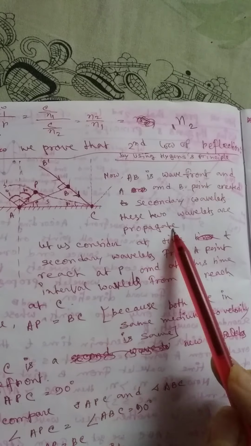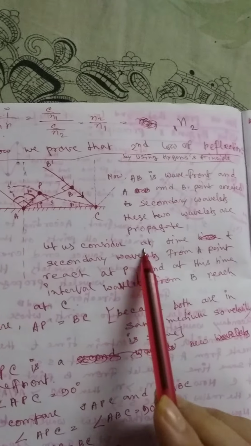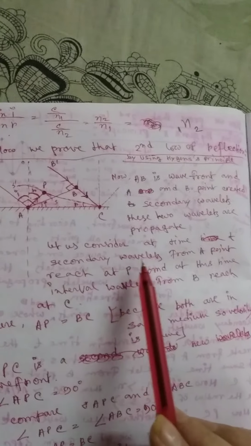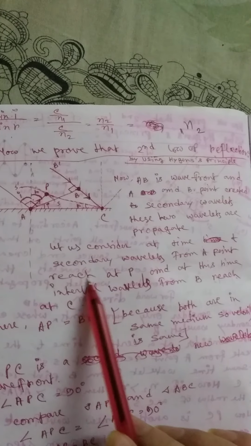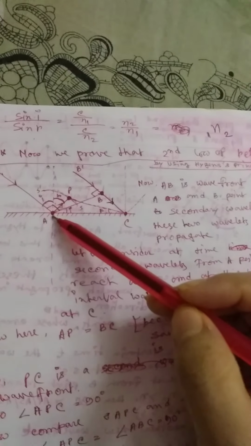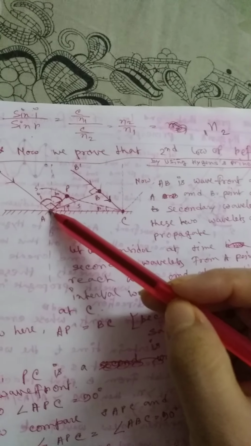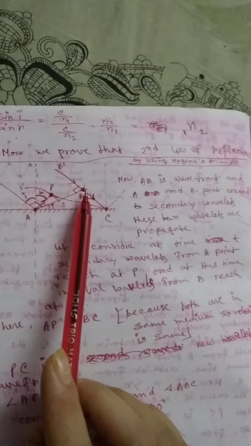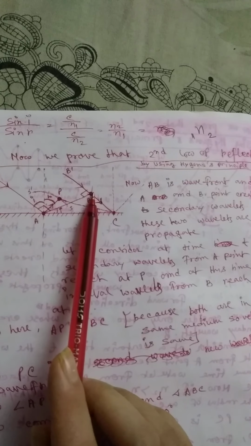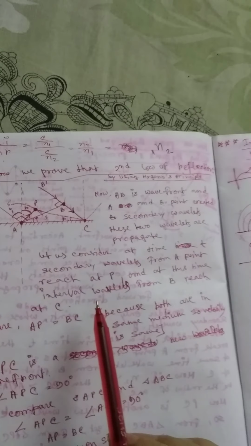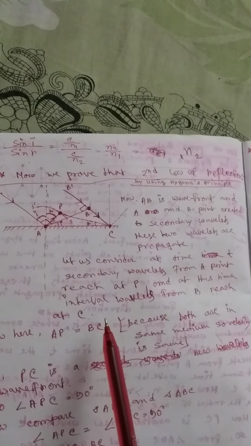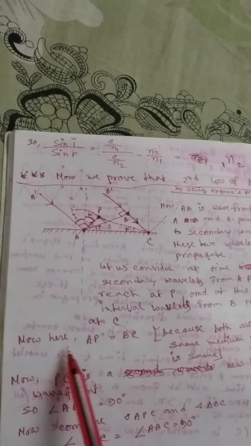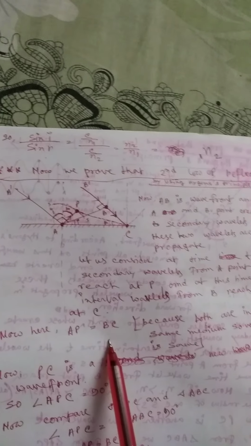These two wavelets propagate. Let us consider that at time t, the secondary wavelet from point A reaches P, and at the same time the secondary wavelet from point B reaches point C. Now here AP equals BC. Why?